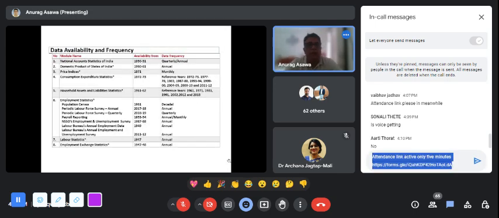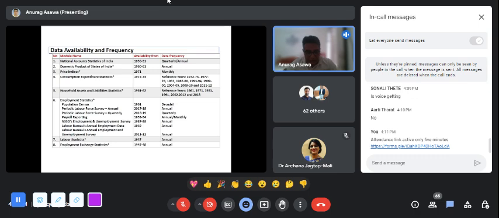Okay, so now somebody was asking me how old the data available is. If you can see over here, the frequency as well. When we talk about national accounts statistics, quarterly, domestic product, annual, price indices, monthly, consumption expenditure statistics, household.